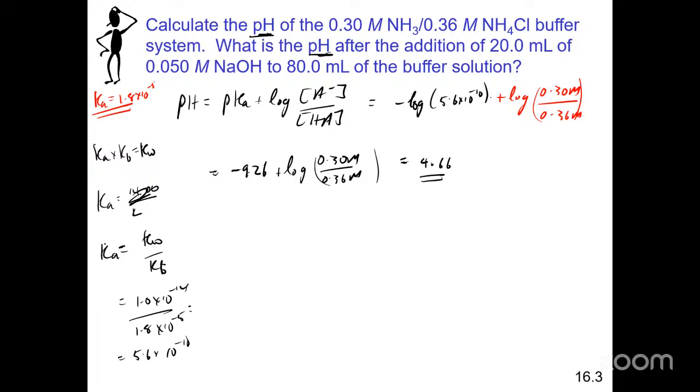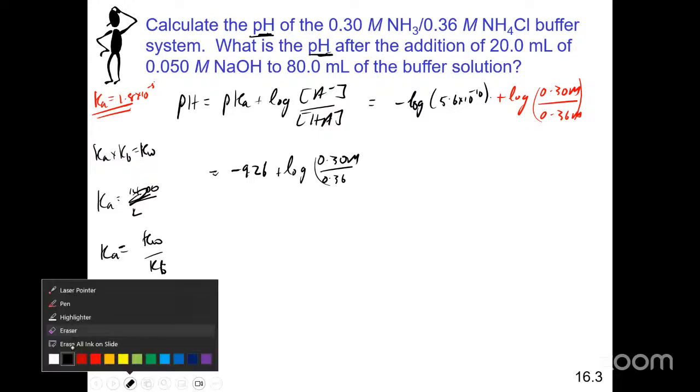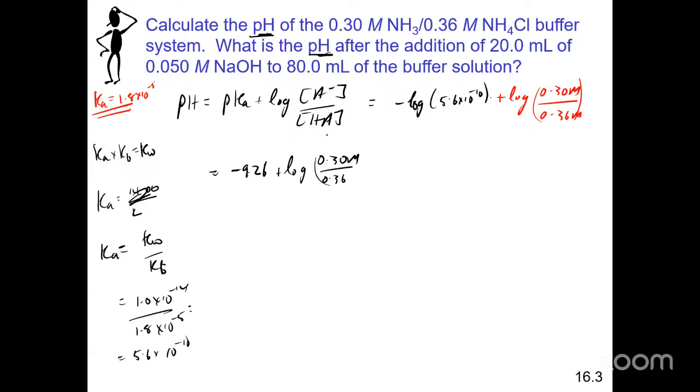So this will be incorrect here. So let me work this out now. 0.3 divided by 0.36 log, and then this should be 9.26, not minus 9.26, plus 9.26.